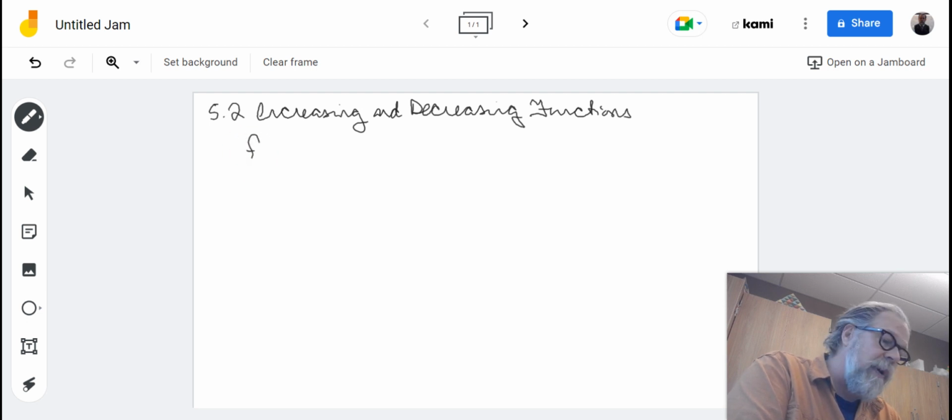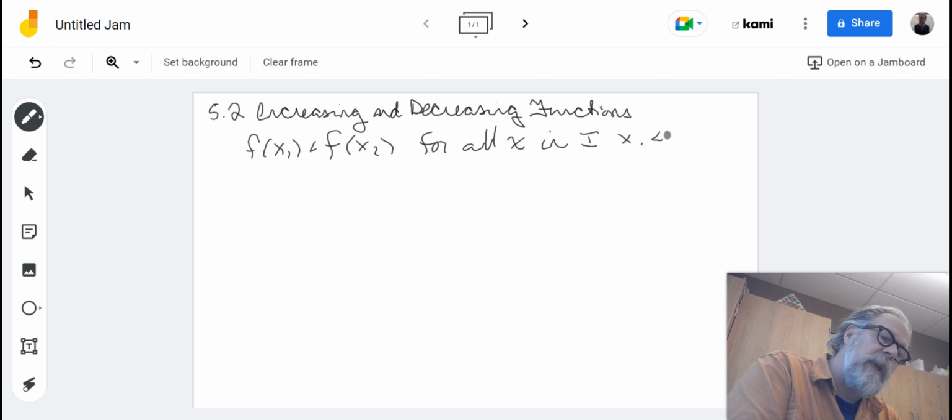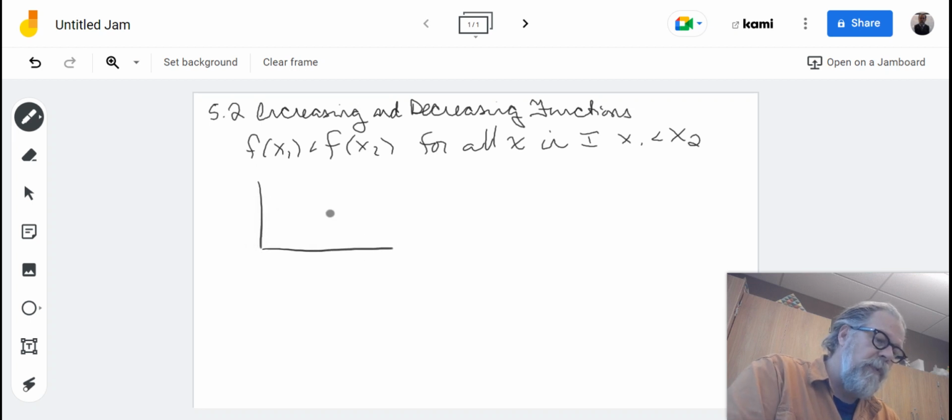If f of x1 is less than f of x2 for all x in the interval where x1 is less than x2, the function has to be increasing. Pretty straightforward.